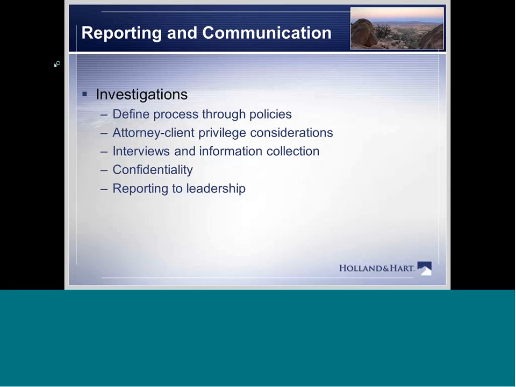Confidentiality, and anonymity, excuse me, goes hand in hand a little bit in this process as well as to how much can you guarantee or tell someone that what they're telling the organization is going to be kept confidential, knowing that it could be something that you need to investigate further, might lead to needing to make a report to the government, et cetera. And then ensure that investigations, both during the process and the conclusion of an investigation, are reported up the chain to leadership.